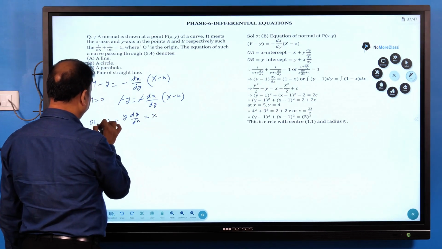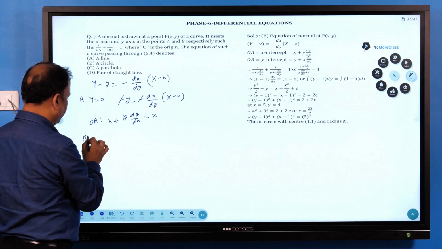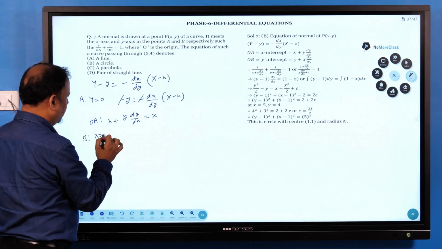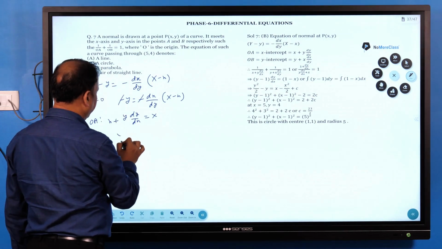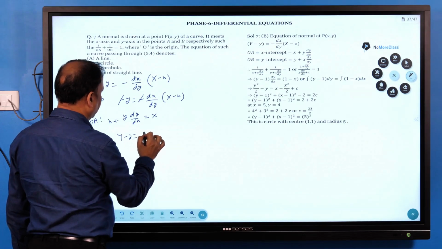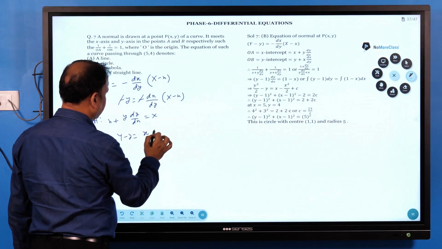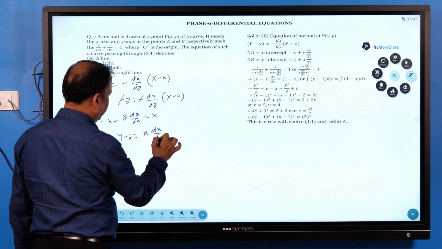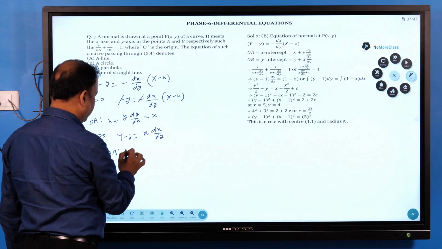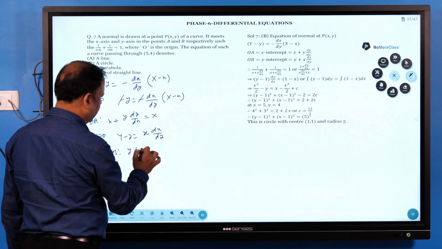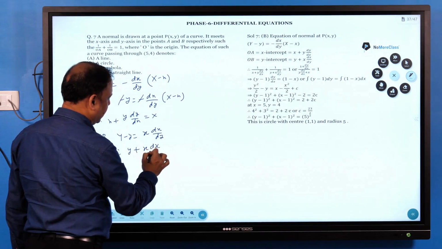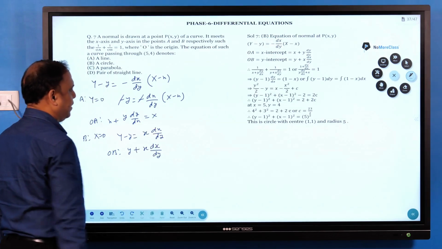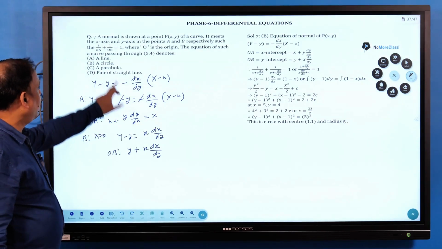This is the OA. Similarly, for point B, put X equal to 0. So we will get Y minus y is equal to minus x dx upon dy. So OB will be y plus x dx upon dy. Now put these 2 points in the given condition.